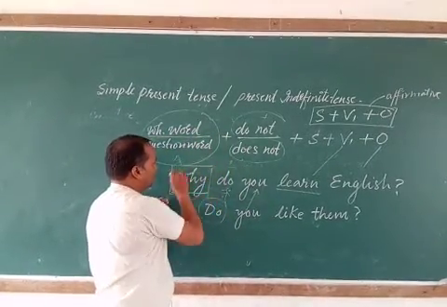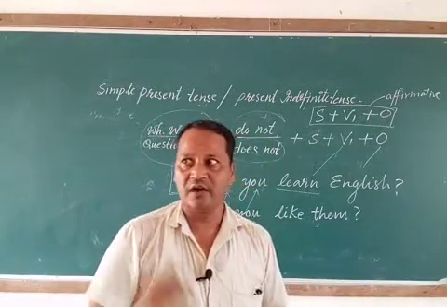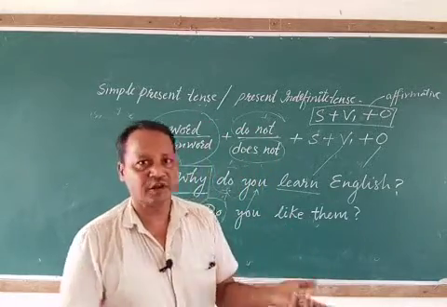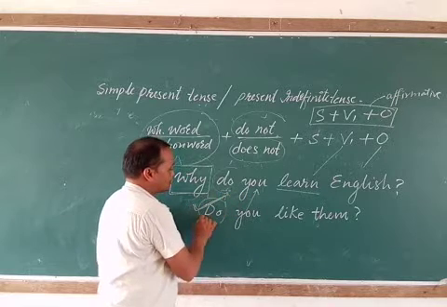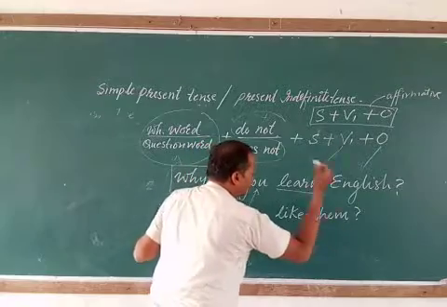It is not necessary that every question must have a question word. If there is no question word, it's okay, start with the helping verb, the auxiliary verb. So we have started here: do you like them?